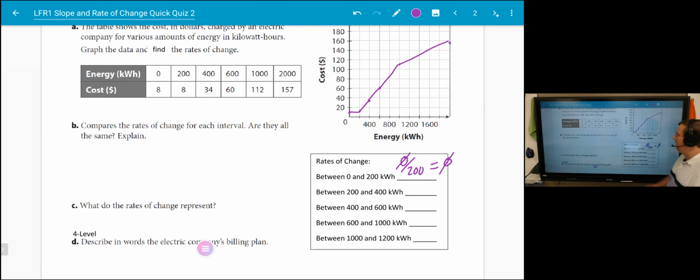The next one we have, 34 minus 8 is 26, divided by 200. We could simplify that, can divide them both by 2. This is 13 over 100. If I go from 400 to 600 right here, so this is 26 over 200, or 13 over 100.